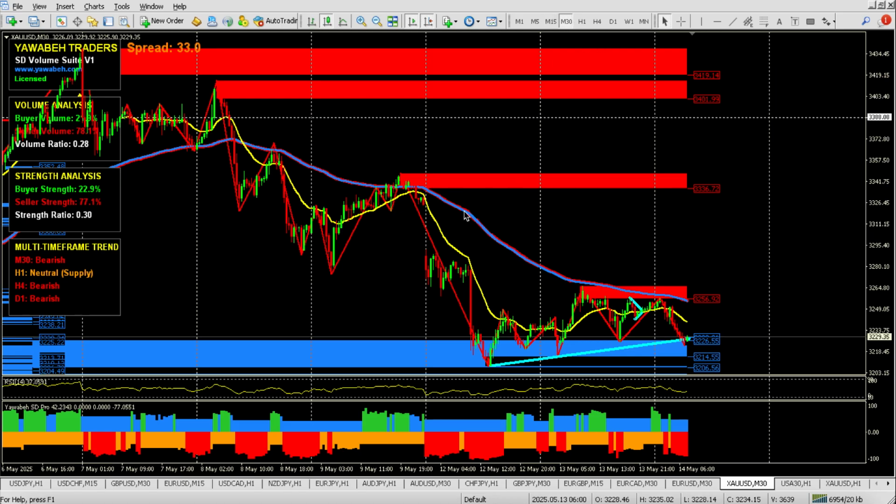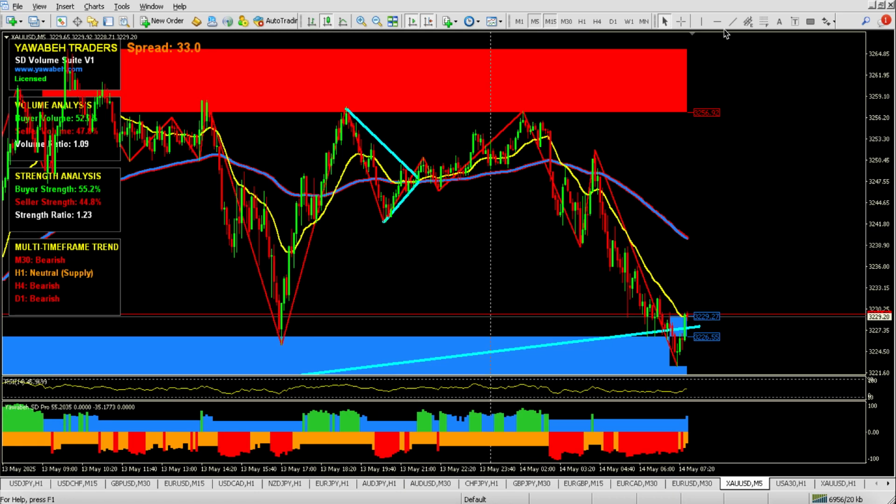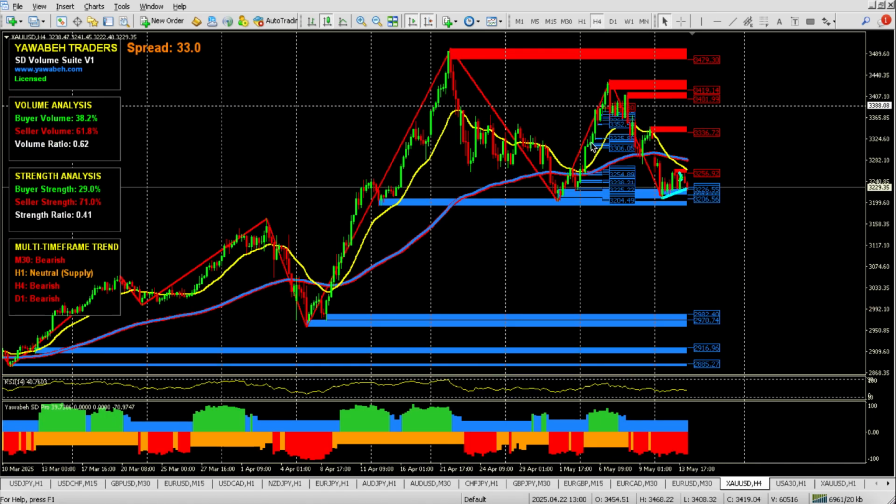For that I'm switching to a lower time frame and trying to mark the possible retracement zone where the market could travel to retest, and then it will continue downwards following the major downward trend.